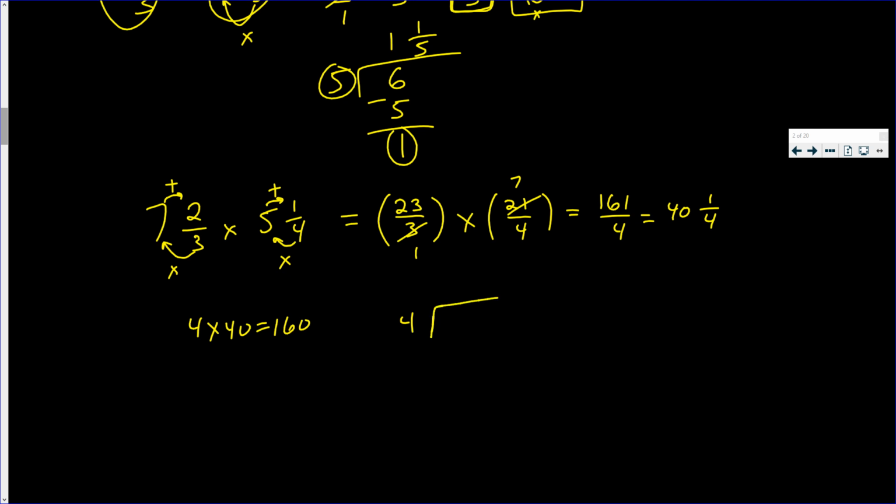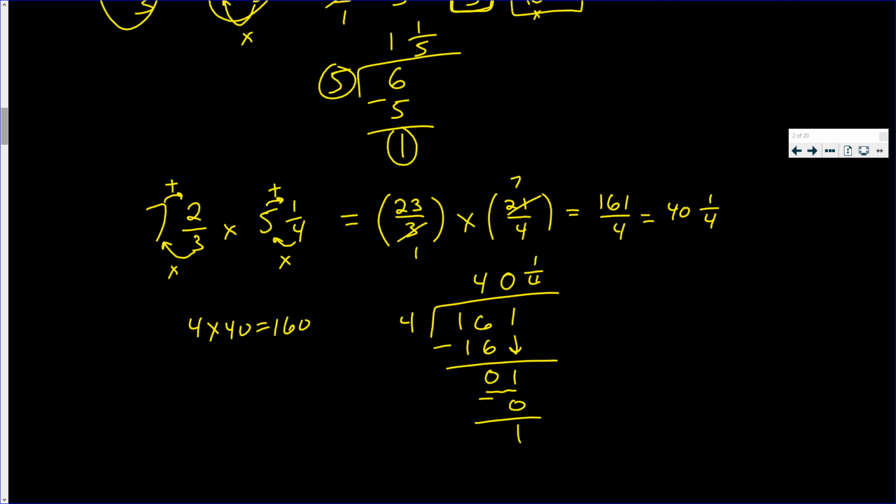But we can do it the long way. 4 into 16 goes 4 times. 4 times 4 is 16. I subtract, I get 0. I bring down the 1. This number is 1 now. 4 into 1 goes 0 times. 4 times 0 is 0. The remainder is 1.